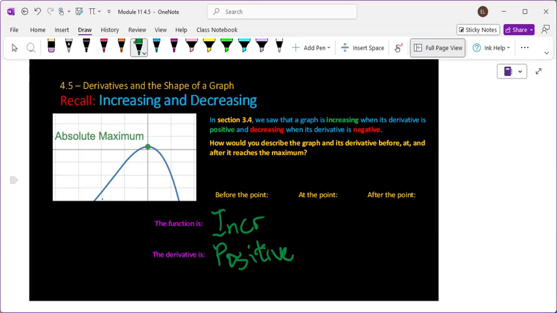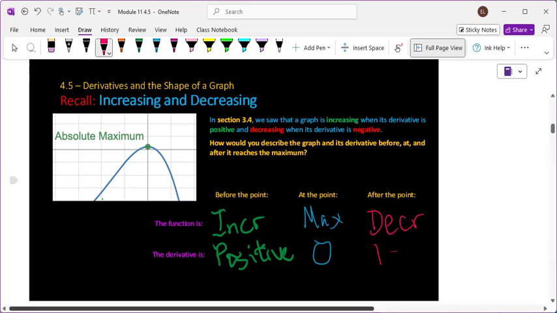Okay. At the point, we have a max. And at that max, the derivative is 0. And then after the point, now we're decreasing. And the derivative will now be negative.